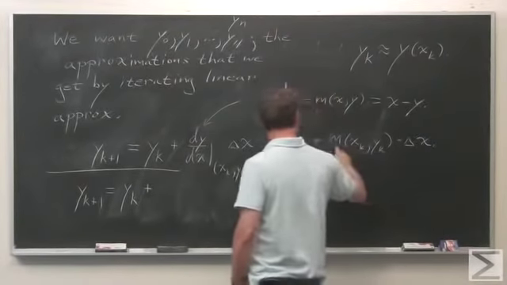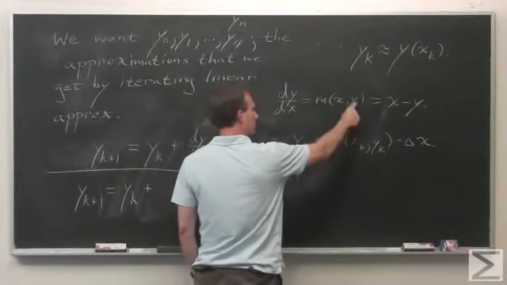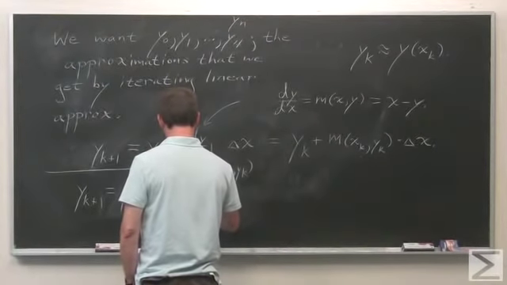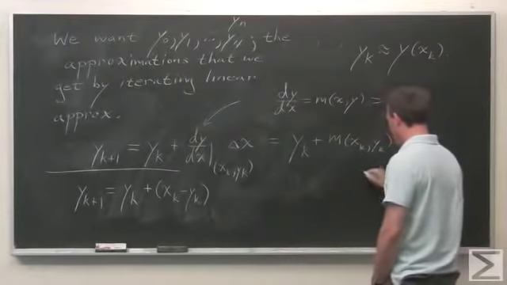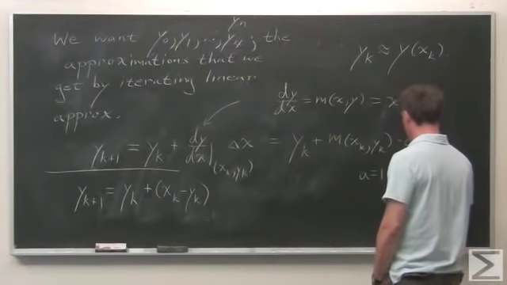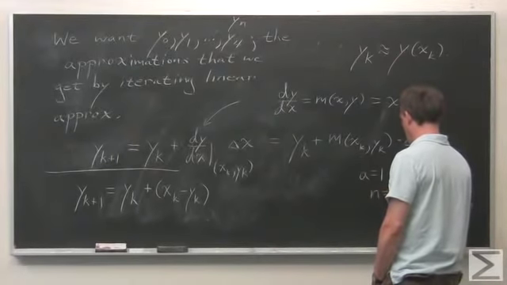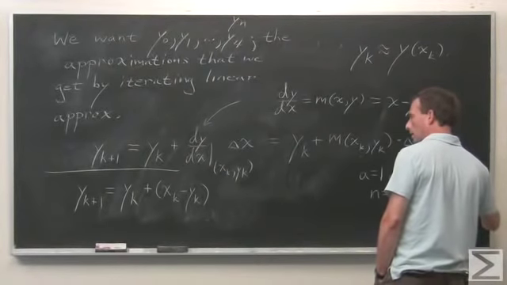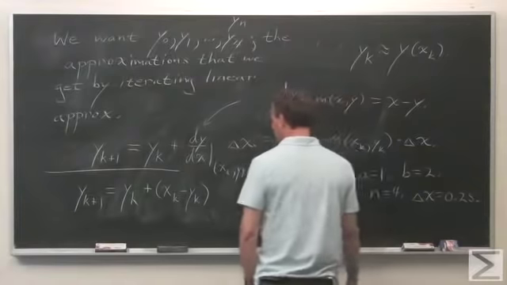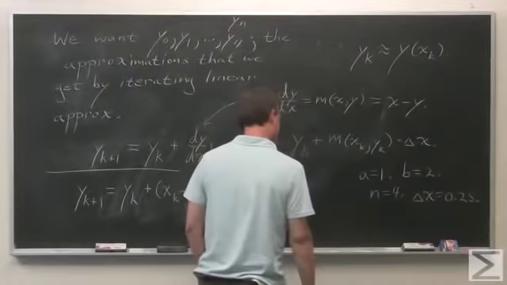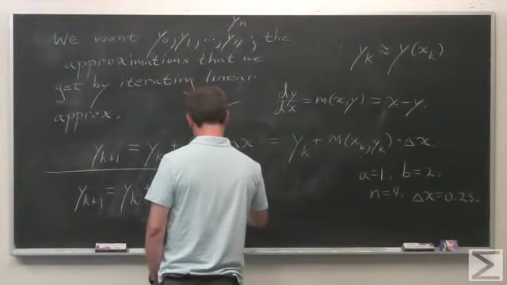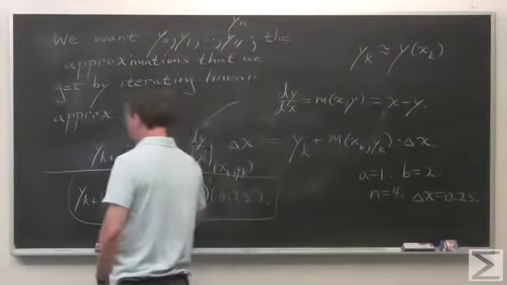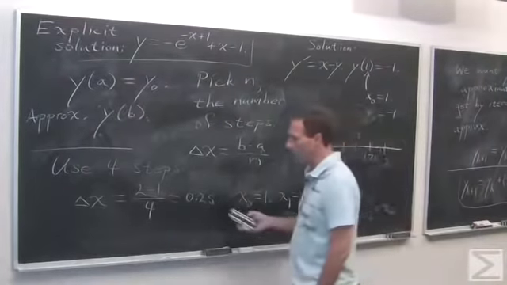So in this function you replace the x by x sub k, you replace the y by y sub k, so it is x sub k minus y sub k, times, if we're really doing the case where a is 1, b is 2, and n is 4, then as we said already, delta x is 0.25, or 1/4. Let's just go with 0.25. So this is what you use over and over again, or in our case, 4 times.